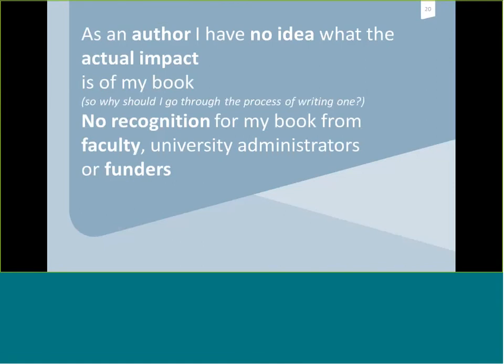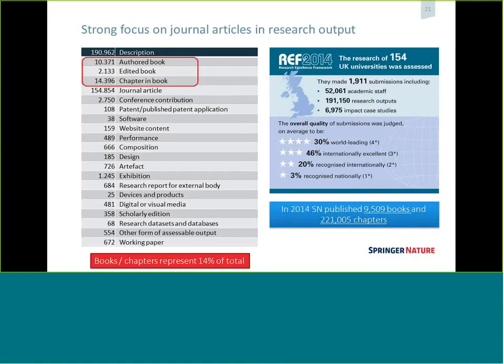Now, I've been a publishing editor for 5 years myself, and this was one of the frustrations that I had, that authors would tell me this. And this is also underlined by the research output from the REF.